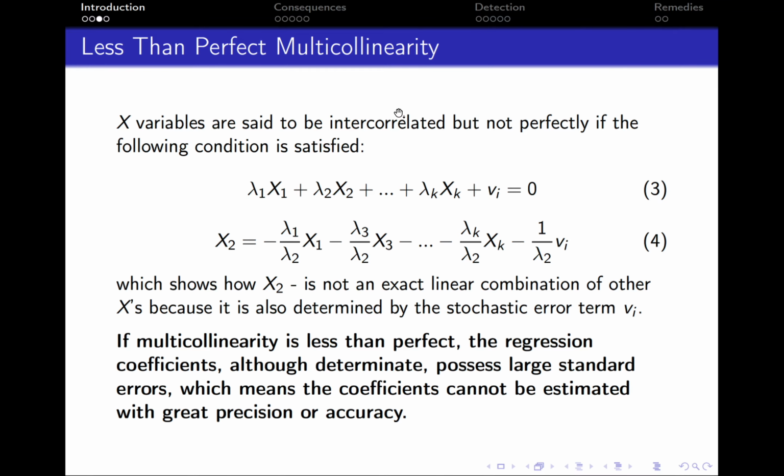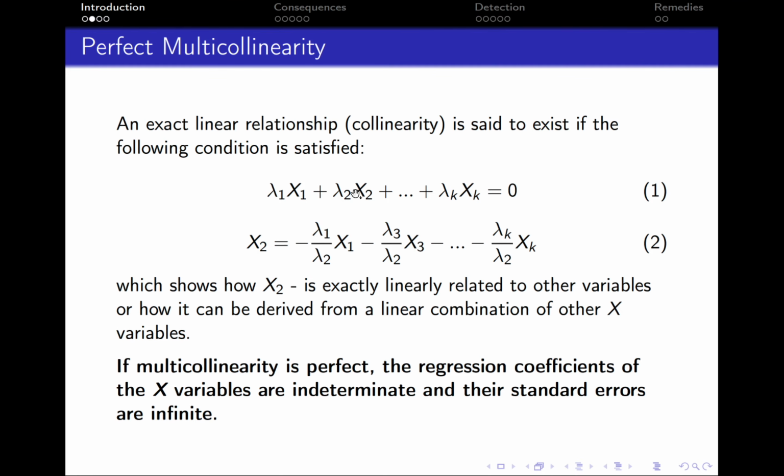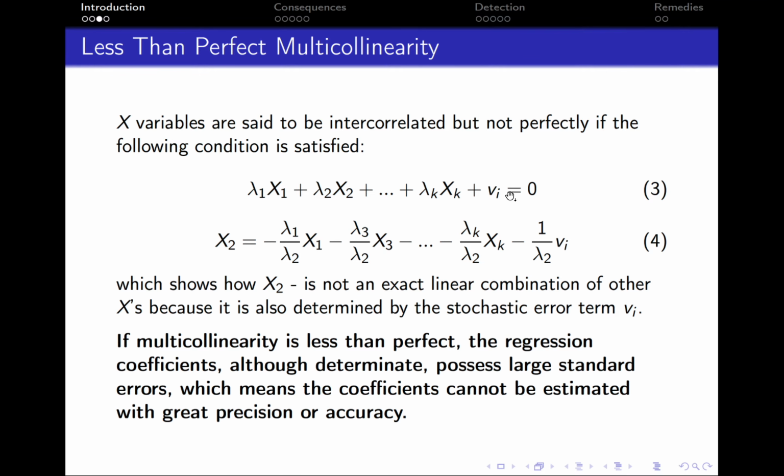And this happens when we have the following. If you compare this third equation with the first equation, you will see that the only thing that makes them different is the presence of the error term v. So in this case, when we rearrange the third equation and get an equation for x2, we will see that x2 is a function of the other independent variables, x1, x3, and all the way to xk, and in addition the error term.